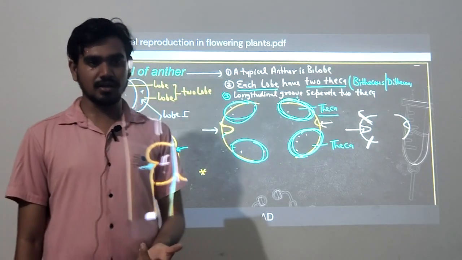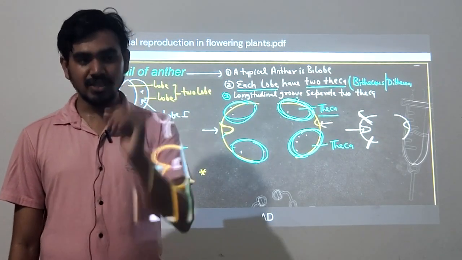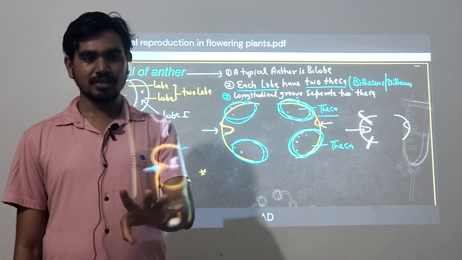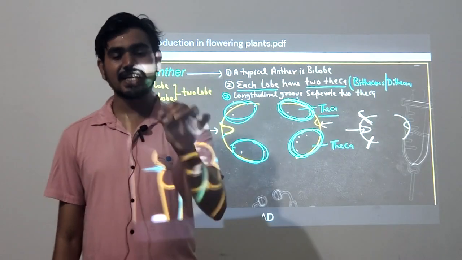From each theca there is a formation of microsporangia, and that's why with four theca it is also known as tetrasporangiate.